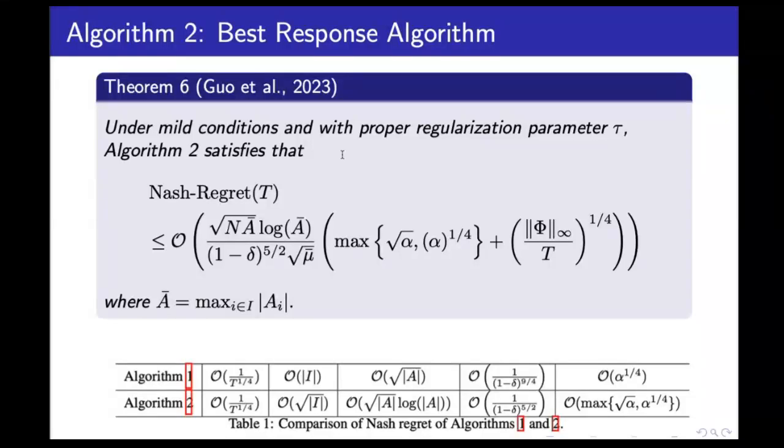So this is the second Nash regret bound for the best response-based algorithm. We also have this one term disappear as the training time goes to infinity, but some term regarding alpha, the game structure, cannot vanish here.